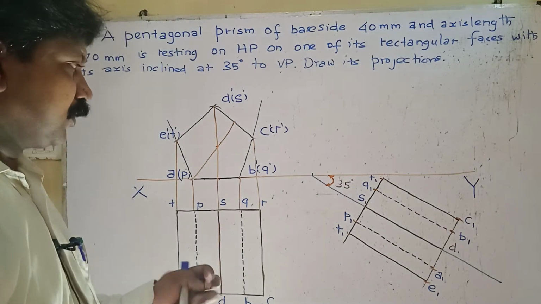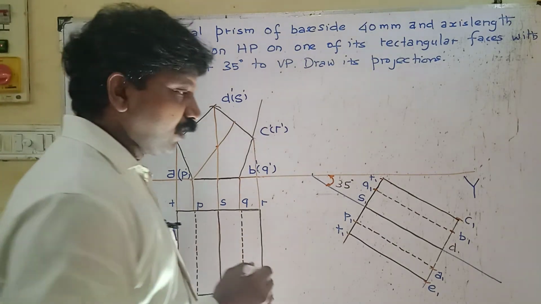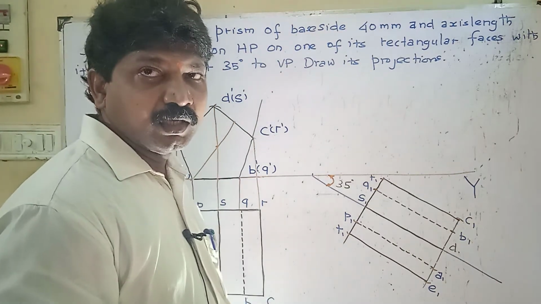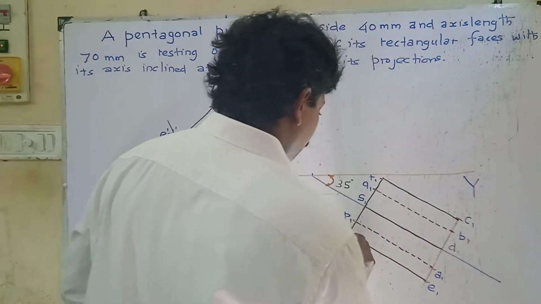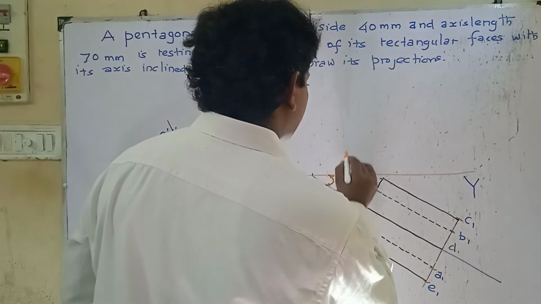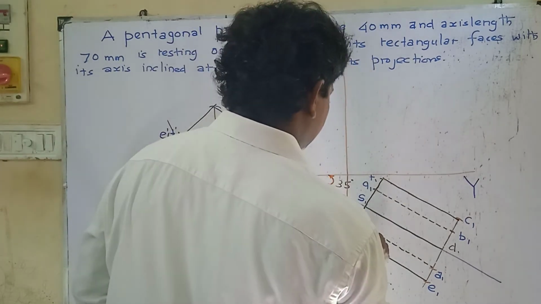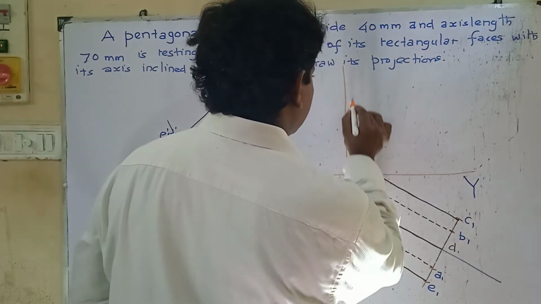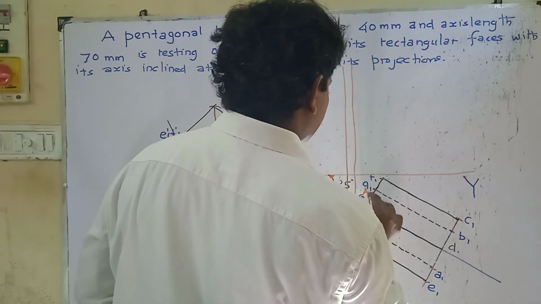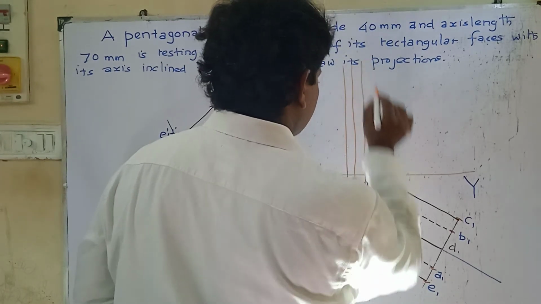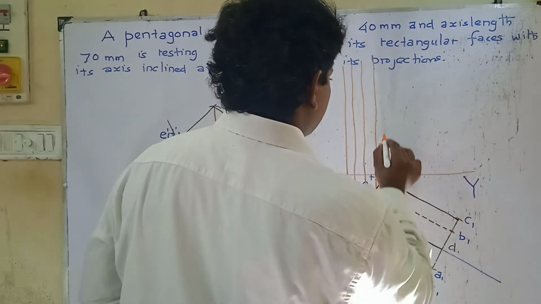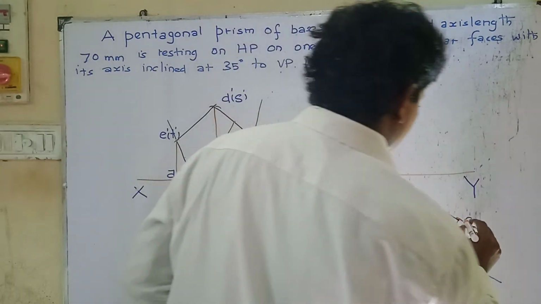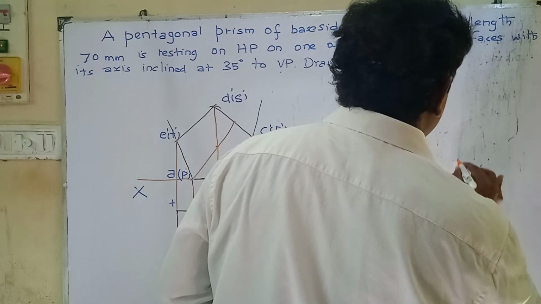Now draw the perpendicular line from all the points in the top view, using a 2H pencil.